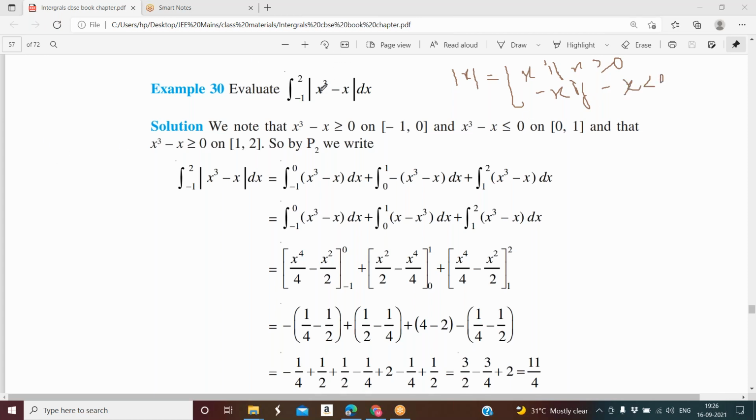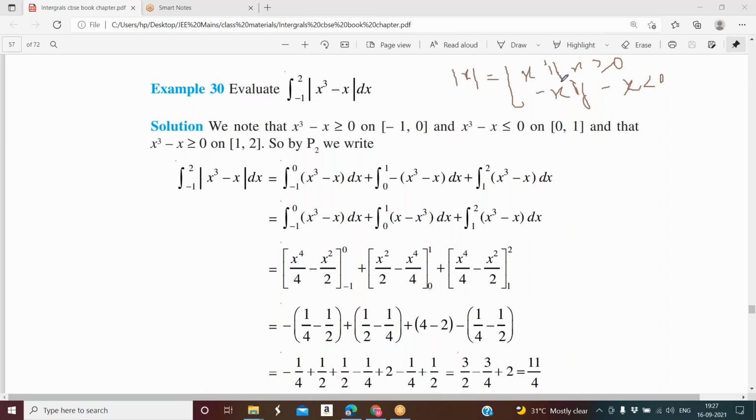So first we need to check when the given function takes positive values in the given range, and when it takes negative values, because the integrand is the absolute value of x cube minus x. Otherwise, you need not check. Why are we checking?